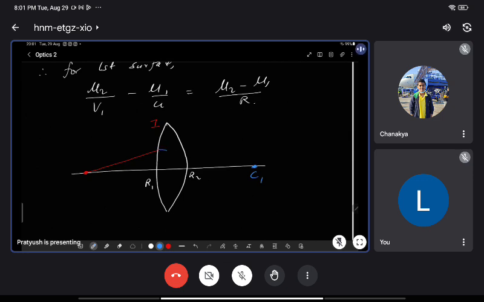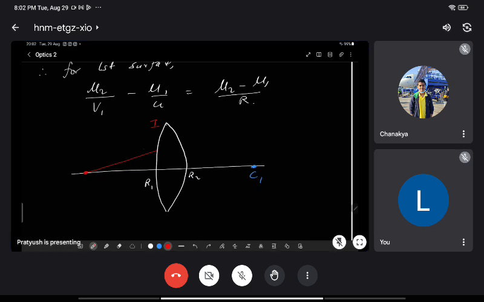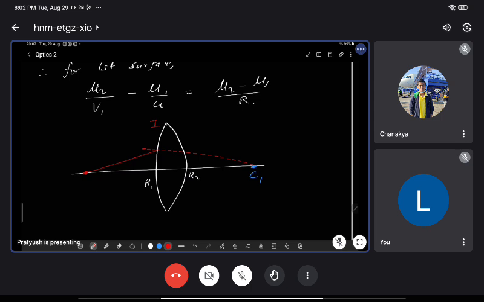When we join C1 to the surface, we will get this perpendicular. And light will bend towards the normal. So it will go like this.